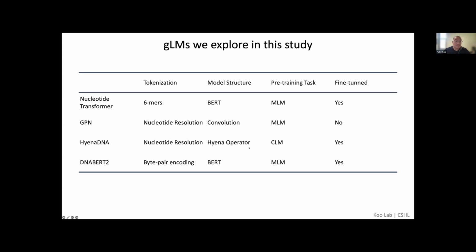You can think of this as an implicit convolution. And it also uses the nucleotide tokenization. And in this case, it's trained with a causal language modeling objective. And DNABERT2 uses byte-pair encoding, and it also uses a BERT-style transformer encoder and masked language modeling, and is trained on hundreds of different species as well.